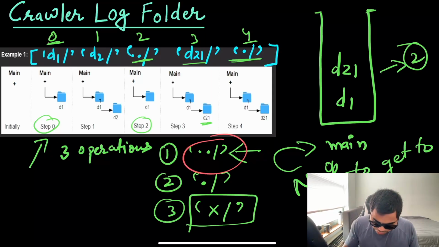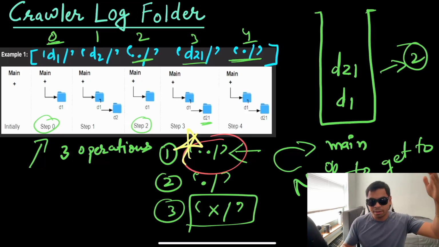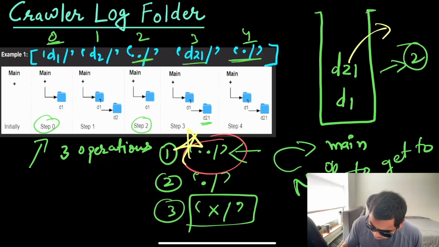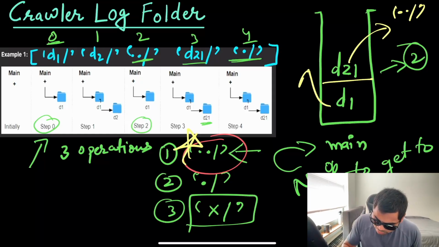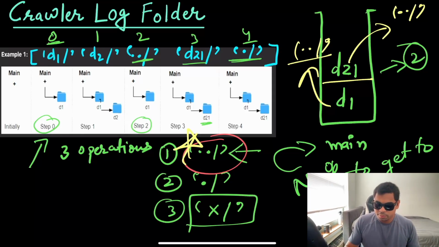This is my main operation to come out of a folder and keep going back so that I can reach the main folder. So I will first pop this off by performing this operation, then this will be my state, and from there I will perform another of this operation, which should take me to an empty stack, and that's where I will be in the main folder.